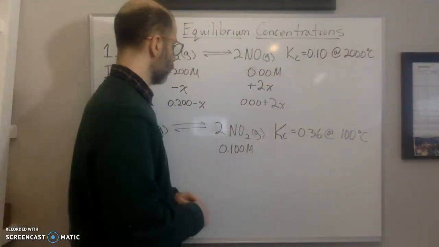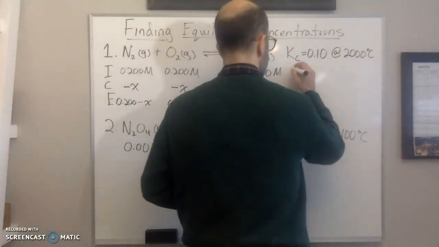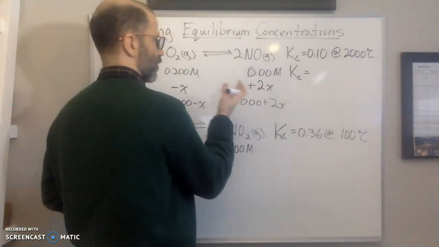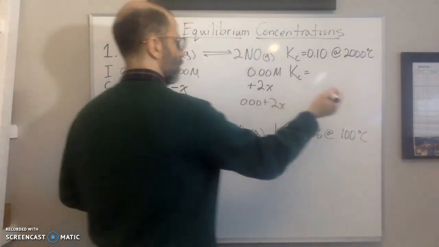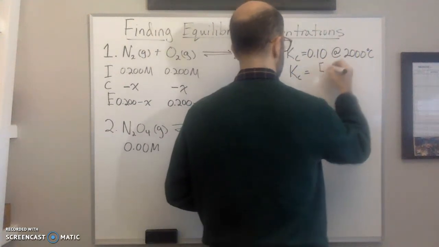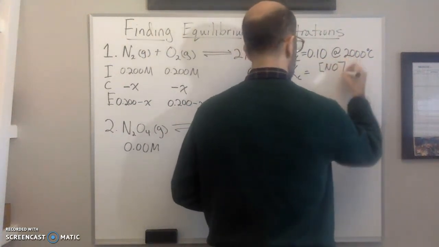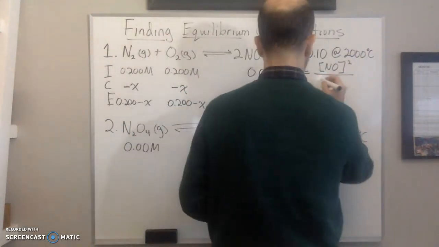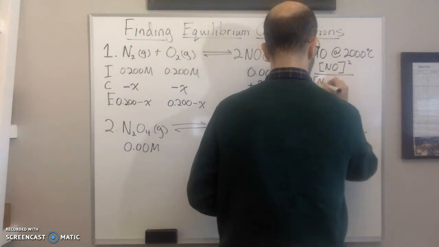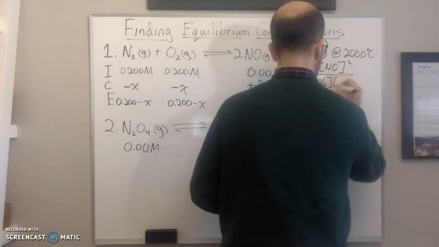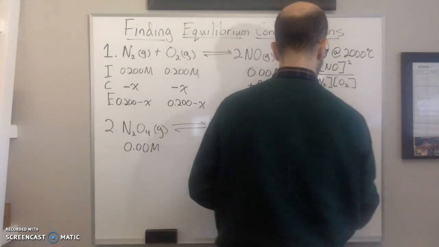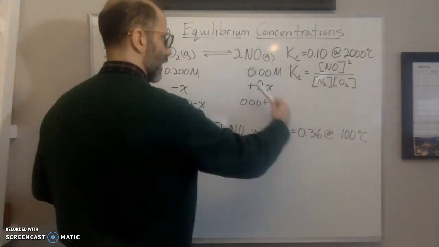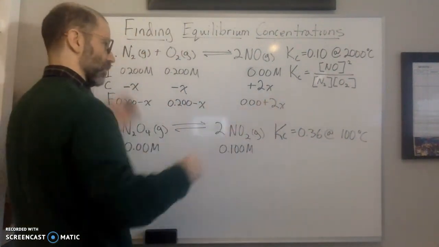And so we're going to have our expression for Kc, the same expression as before. So it's going to be the concentration of NO squared over the concentration of N2 times the concentration of O2. Okay, so then all we need to do is take everything and plug it into our expression.